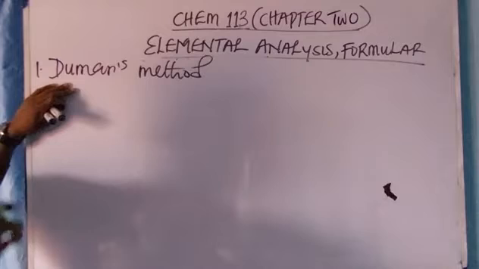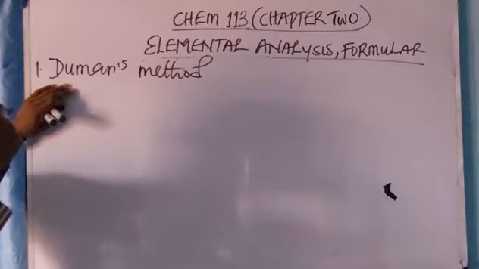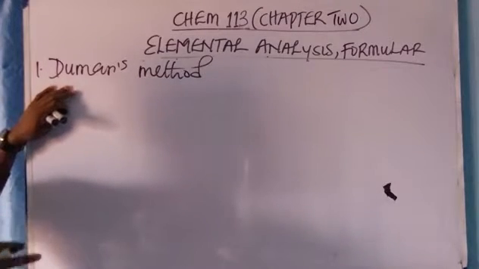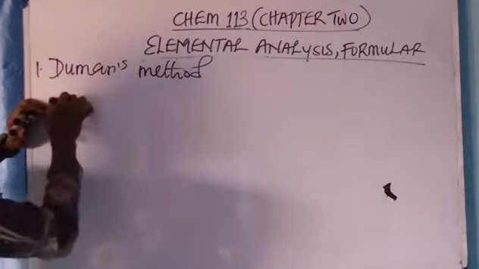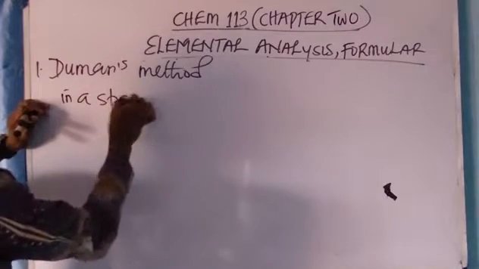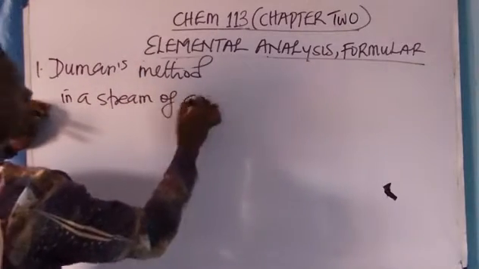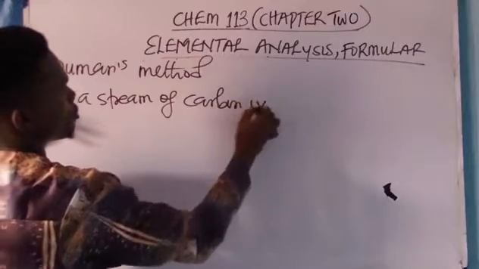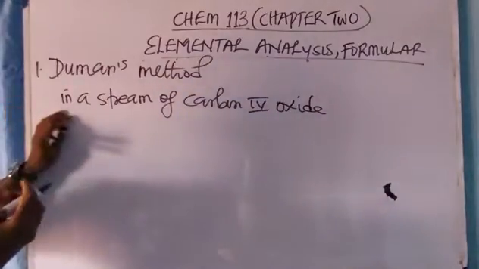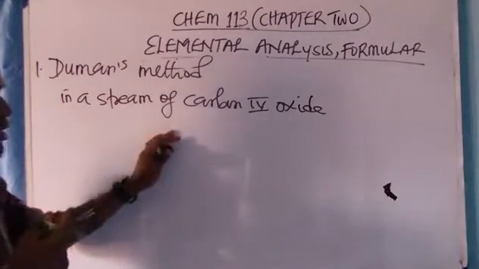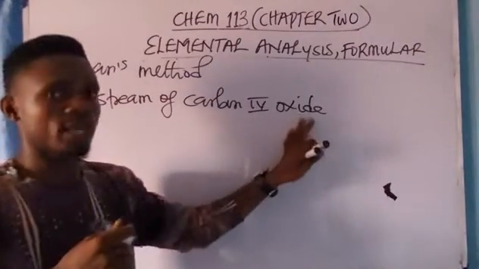Now, in this Dumas method, a sample and powdered copper(II) oxide are heated in a stream of, that is in the presence of, carbon(IV) oxide.